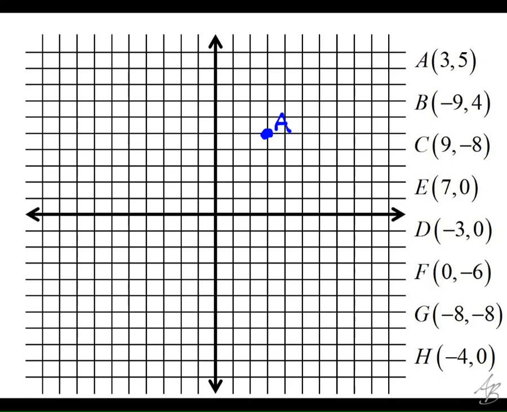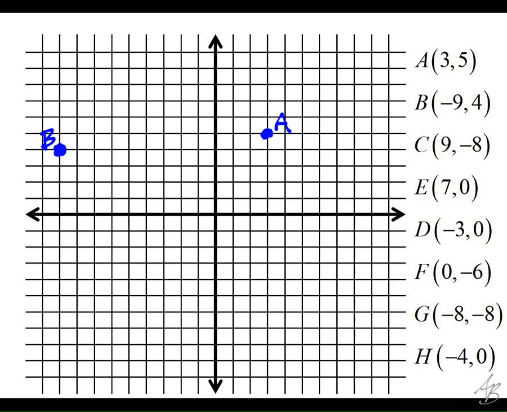All right, so for point B, which way are we going to go? We're going to start at the origin. We're going to go left 9. So 1, 2, 3, 4, 5, 6, 7, 8, 9. And then we're going to go up 4. And so we end up with this point right here. And we'll call that point B.